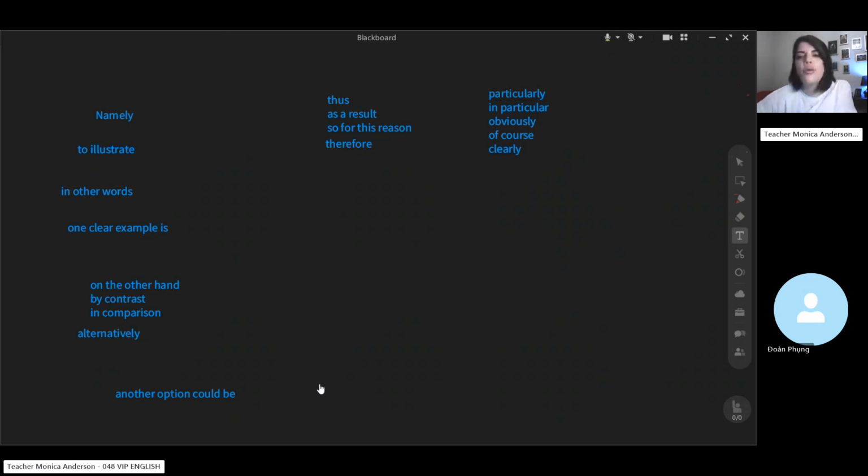Of course. So "however" is exactly the same as "alternatively," I want to say. We normally use "however," but you can also use "alternatively" like "however." The meaning, now I think it's really clear.